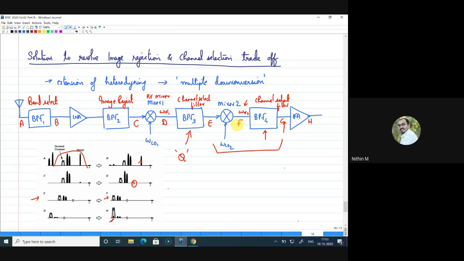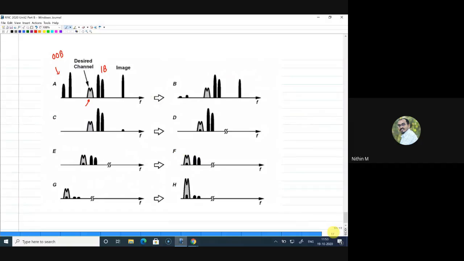That we'll see. Yes, it is good, Anirudh, that you have made that point. We have to deal with secondary images also. So apart from that, I hope it is clear from this. Now, if you look at the desired signal, you can still see that a small corruption will be there. Why we are showing that is because of the filter, or the way we can employ filters, right?